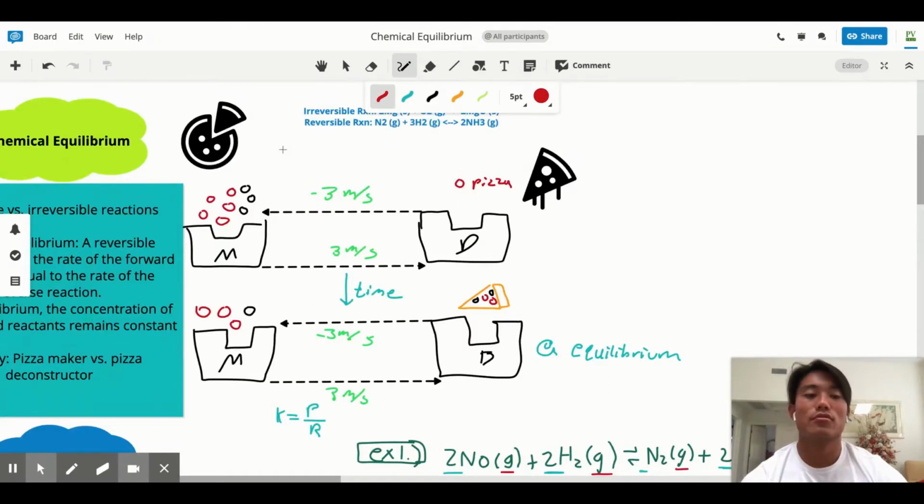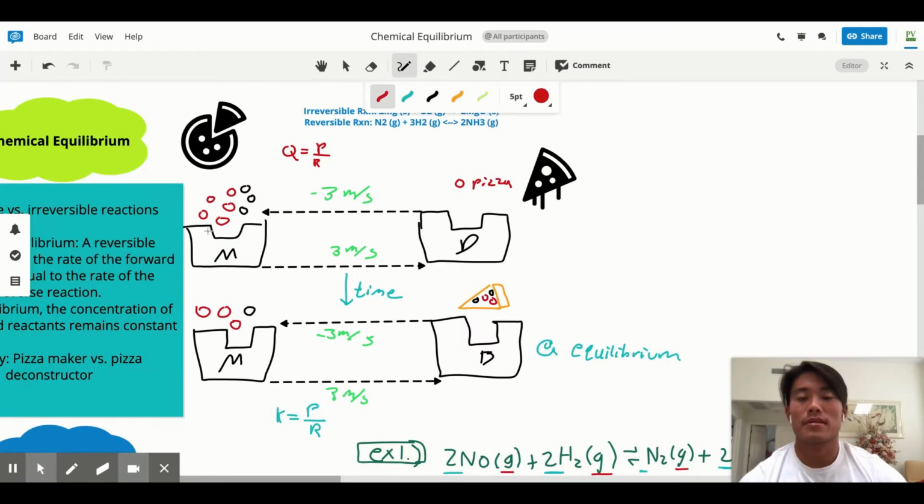So let's fit Q into our pizza analogy. Remember, Q is equal to your products over your reactants, but at any time. So let's say at this time right here, initially you're given 5 slices of pepperoni and 3 sausages, and no pizza to start off with.